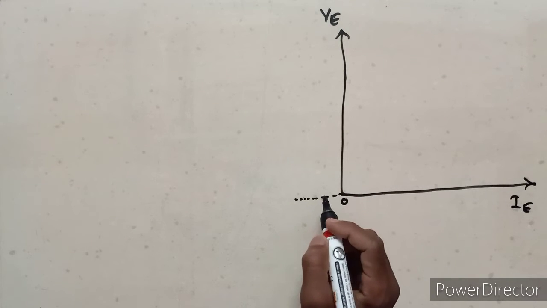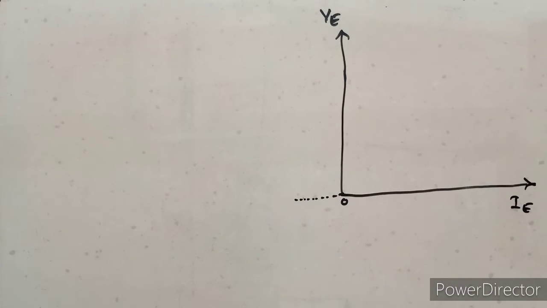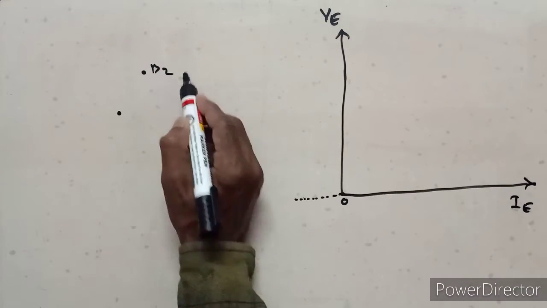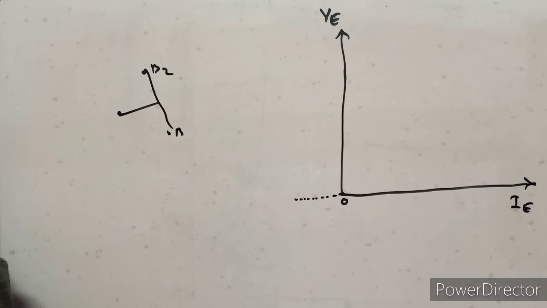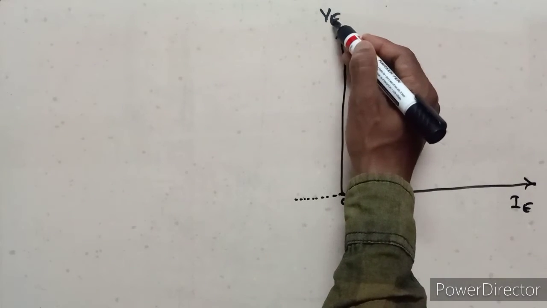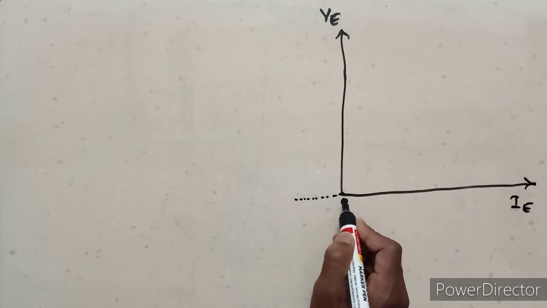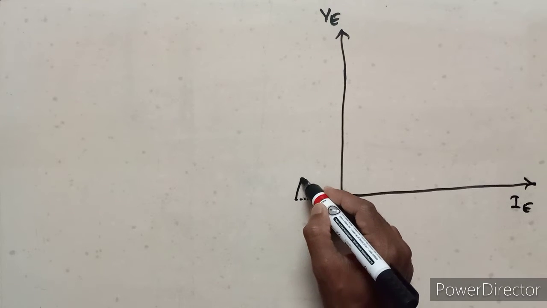So this is the emitter, this is B2, this is B1.